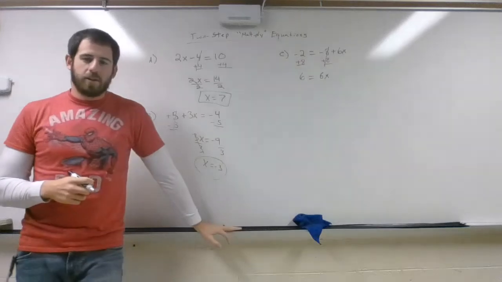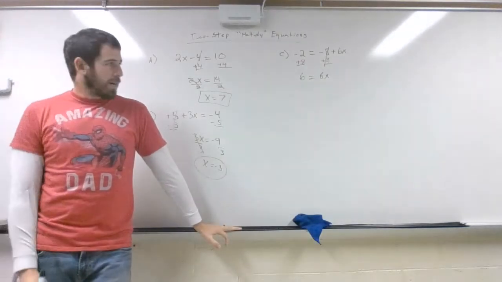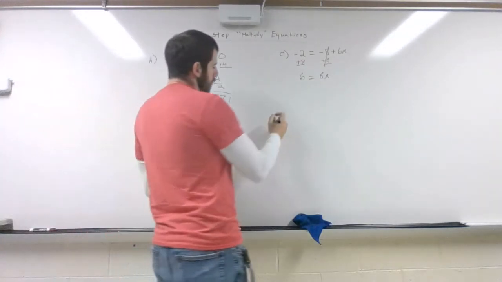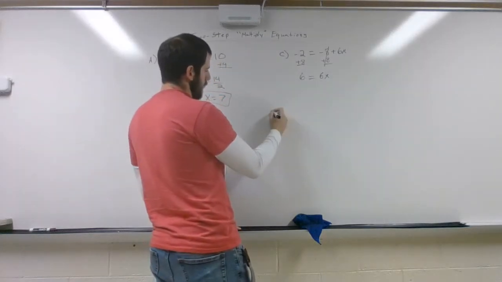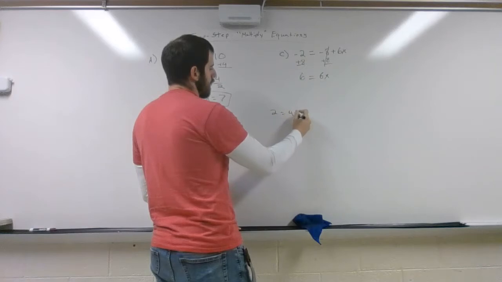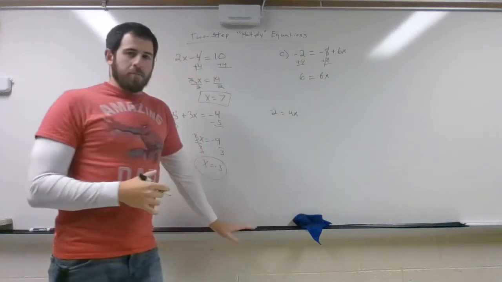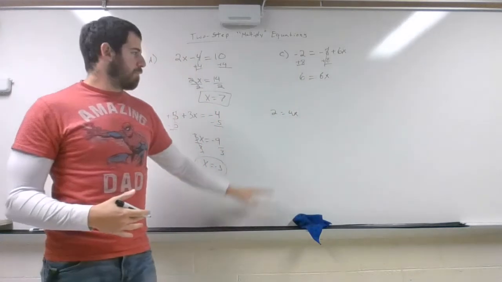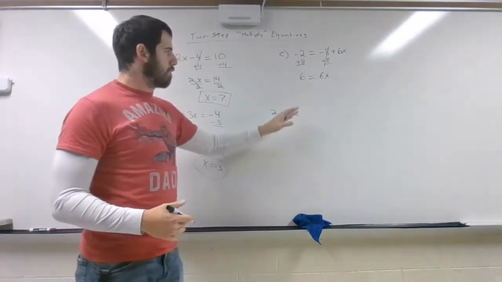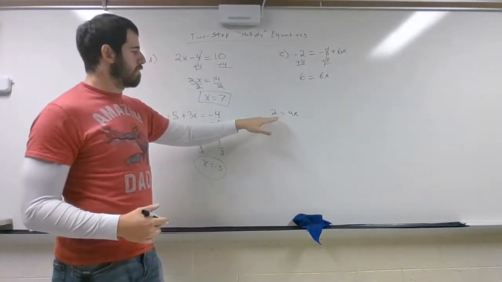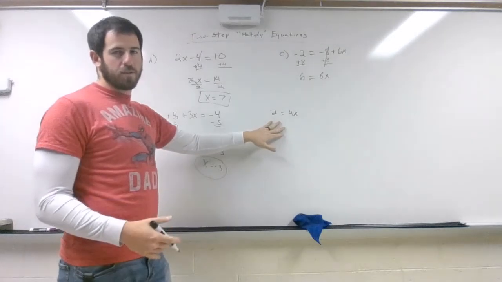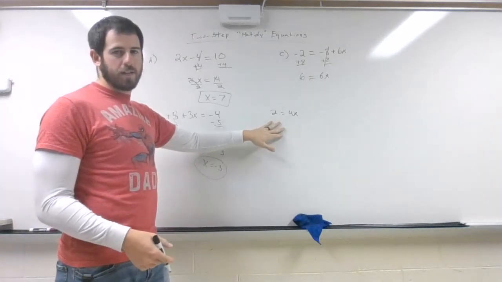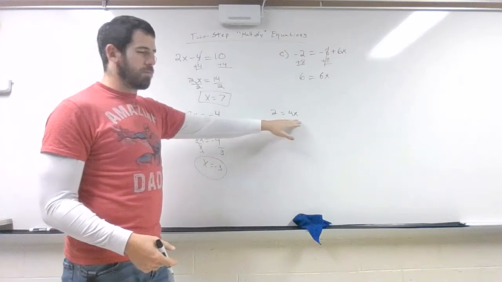Now, one thing people are going to mess up, I made this one a little bit easier, but let's say we have something like 2 equals 4x. This is made up and has nothing to do with the problem, but people are going to divide by the smaller number. You don't always divide by the smaller number. You're going to notice you get fractions a lot. You divide by the number that's with the variable.